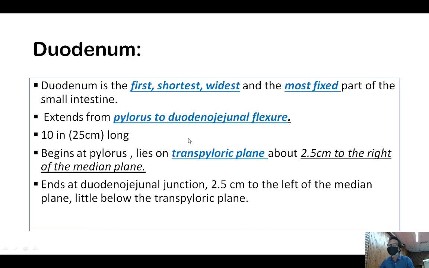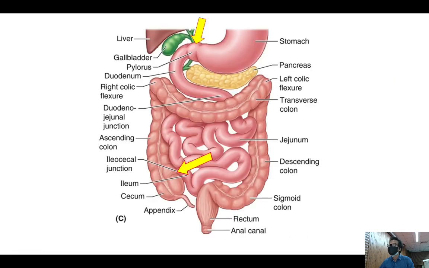So duodenum extends from pylorus. Okay, it'll extend from pylorus and then it will end at the duodenojejunal flexure. I'll show you where is that. Around this area will be. This picture also not so clear. Anyway, this is the pylorus. Here is the duodenojejunal junction. This part is called the duodenum.